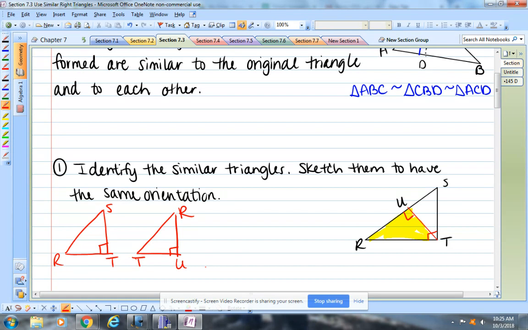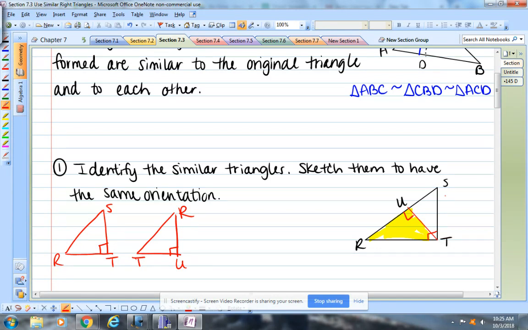Also, it might help you to look at short legs and long legs. Like UT appears to be shorter than RU. Does that make sense? In the same way in the big triangle, you can't really tell that way though. That's just because my drawings are always off. But yeah, if you just take it and rotate it, that's how it goes there.